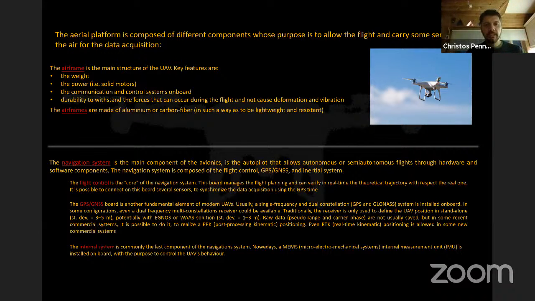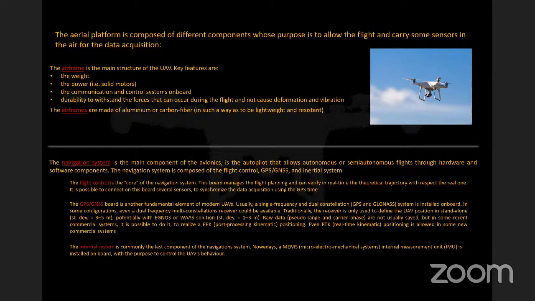And then the navigation system is composed of the flight control, the GPS or GNSS, and the inertial system of the drone. The flight control is the core of the navigation system. This board manages the flight planning and can verify in real time the theoretical trajectory with respect to the real one.